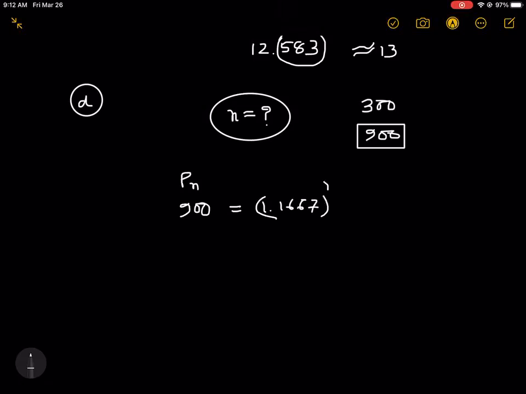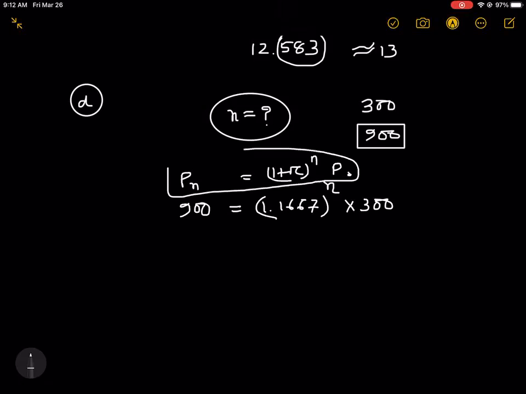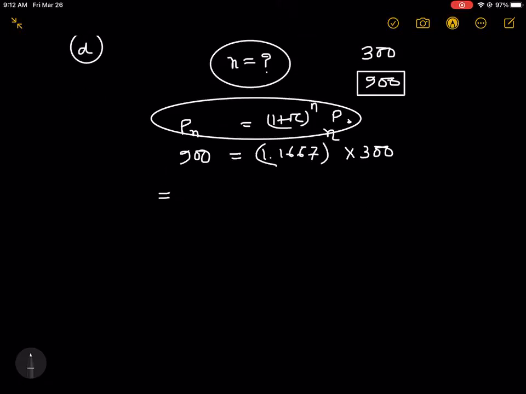We're looking for the time, so n will be the exponent, n times 300. So that's the explicit formula, and we have plugged in the values to set up the equation.